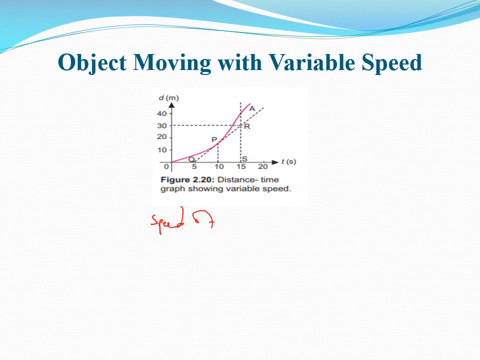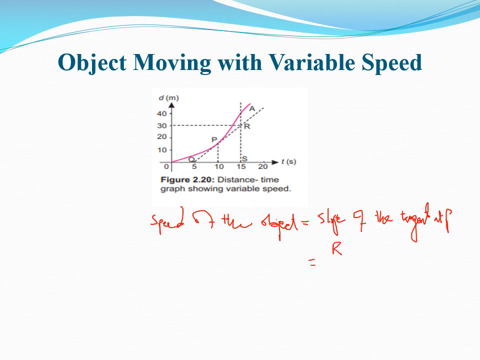The speed of the object equals the slope of the tangent at P. From the graph you notice that this slope is RS divided by QS.